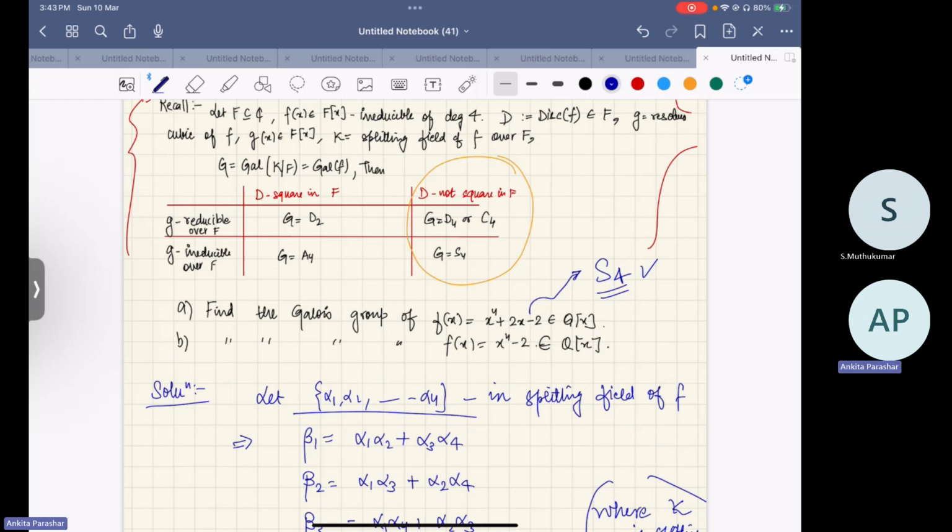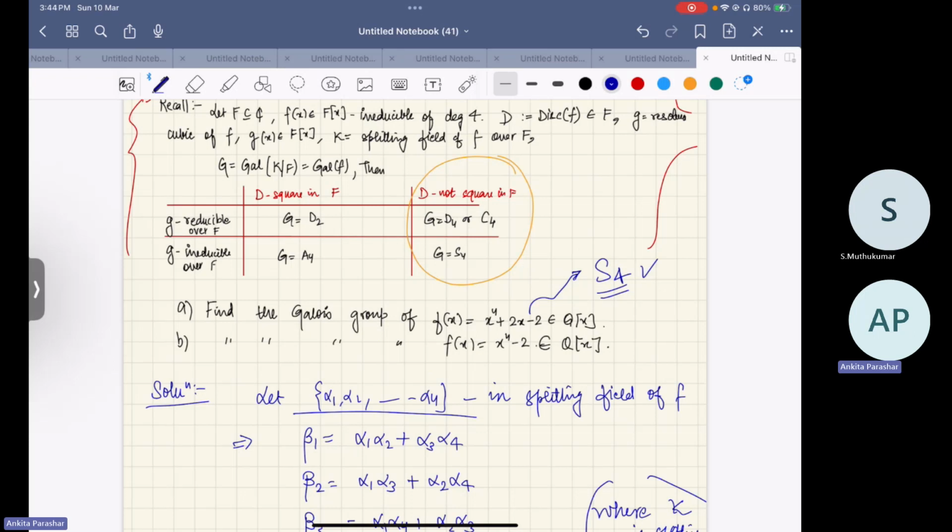And as long as you are in degree 3, it's very easy to check irreducibility either by Eisenstein criteria or by the rational root test. So then it's simple to say what the Galois group is.